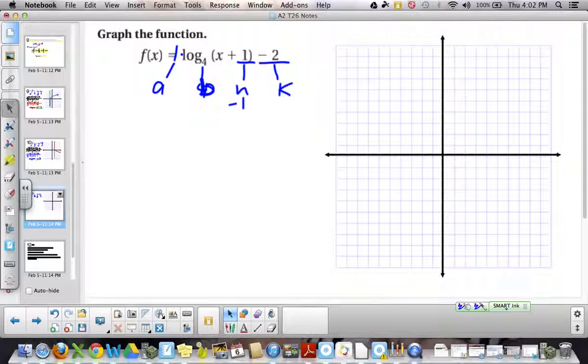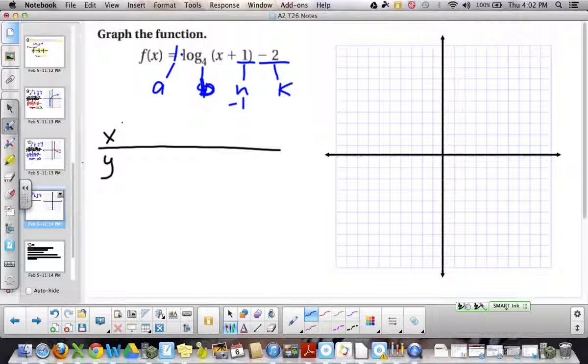So setting up our points, x and y. For x, we have a divided by b, so 1/4, plus h, so -1. Then a plus h, and a times b, which is 4, plus h.